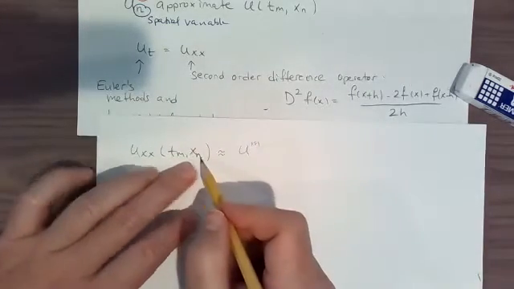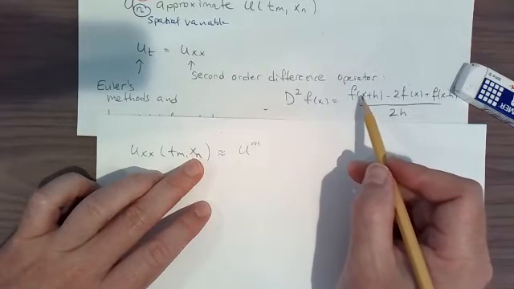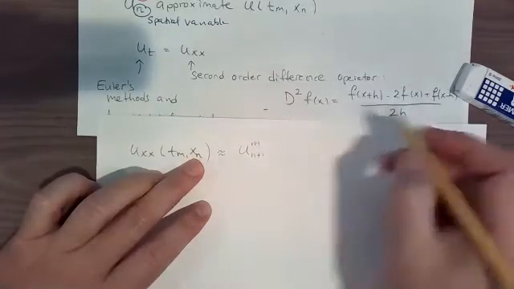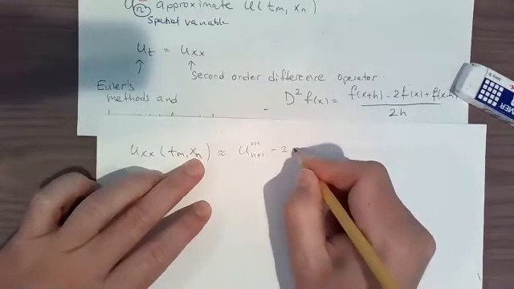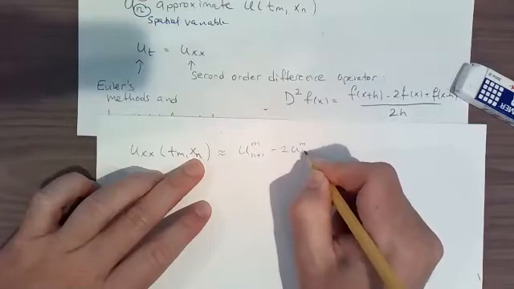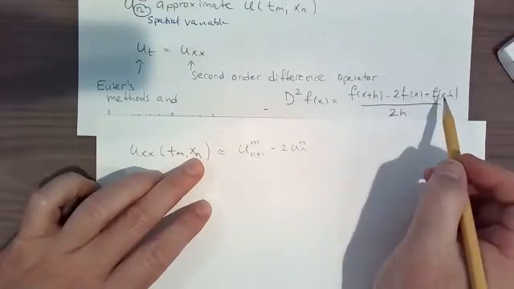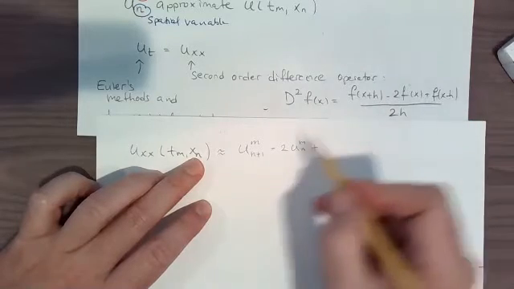What varies is the x variable. So you go one out, that'll be n plus 1, and then we subtract 2 times where we are, that will be u_m^n.